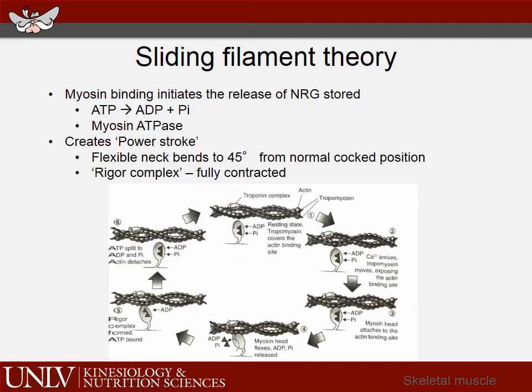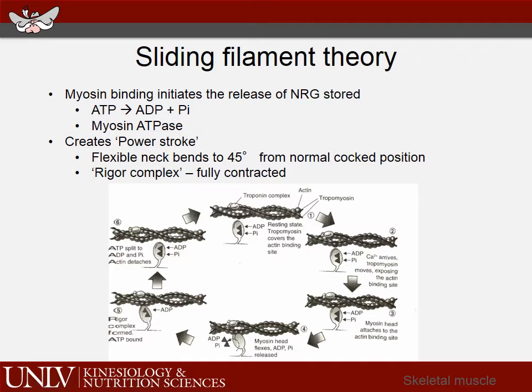It suggests that myosin binding releases the adenosine diphosphate and a phosphate ion, and this is accomplished by myosin ATPase. The reaction creates the energy needed for a power stroke, which is the flexing of the neck, bending to 45 degrees from the normal cocked position. Then it forms the rigor complex, fully contracting. This shortens the sarcomere during the contraction.